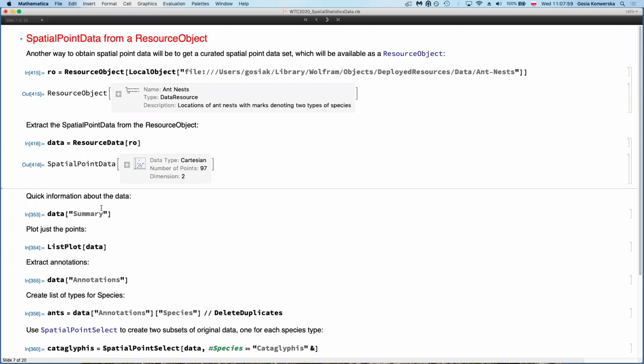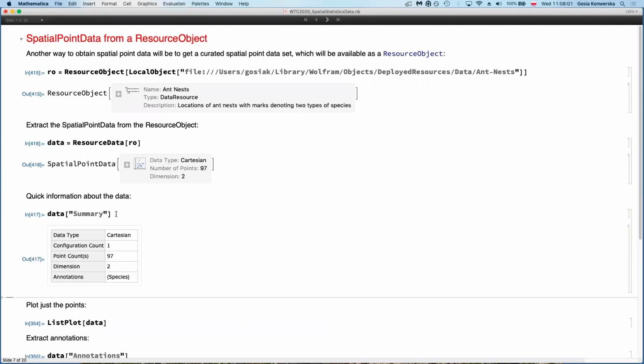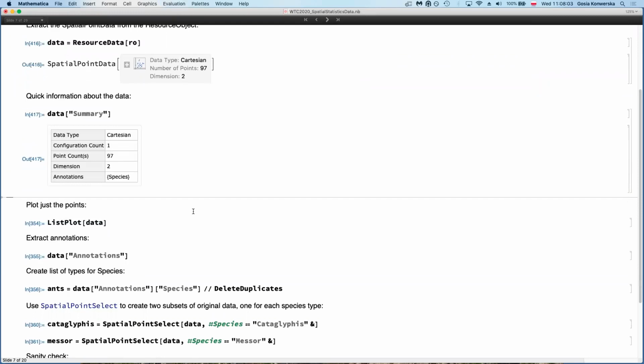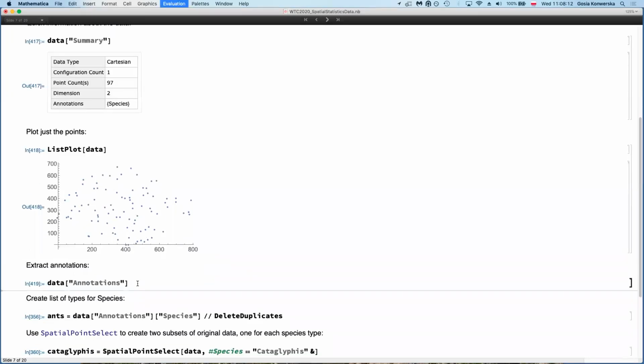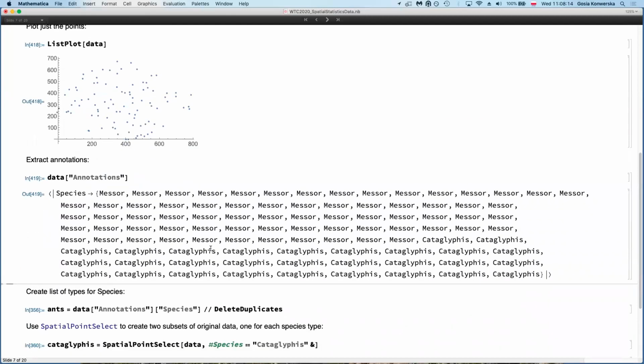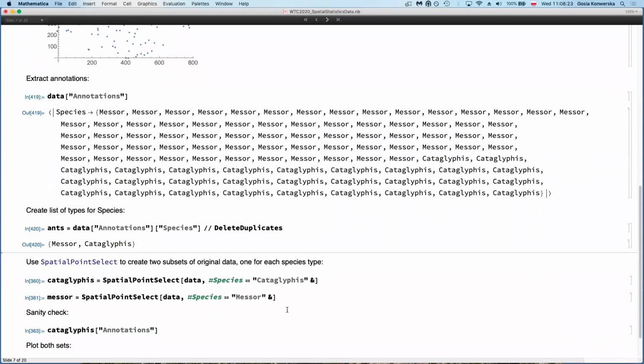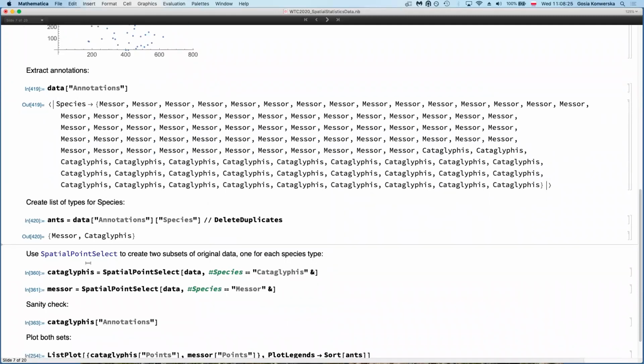And when we study the data, summary is a good place to start, besides plotting. So I can plot and look at the summary, and it tells me that I have annotation here. So I want to see what the annotation is, and it gives me the set of names for the species. So I can see that I have 2 types of species. We have a way to create a subset from the original data, which is called SpatialPointSelect.